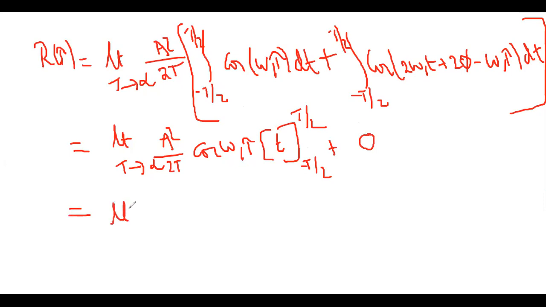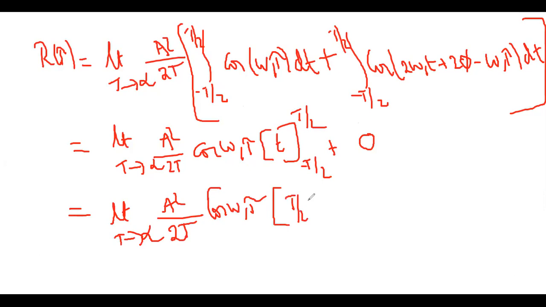So limit t tends to infinity A square by 2t and cos omega 1 tau, and apply the upper limit T by 2, lower limit minus of minus T by 2. It becomes the T. So here the T is there, and T by 2 plus T by 2 is T. There are no t terms now, no need of the limit apply here.